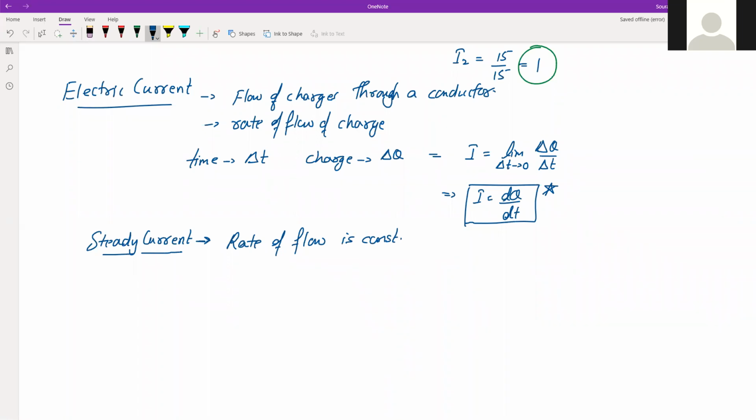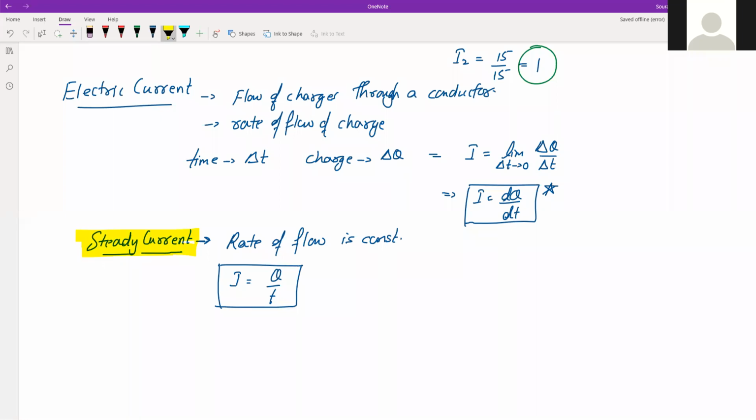So here I can write it just like q by t. So that is for steady current. So that is the rate of flow of charge, or current.